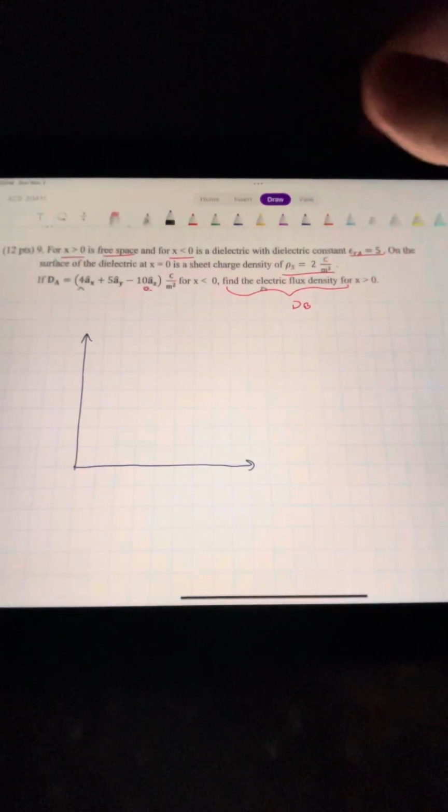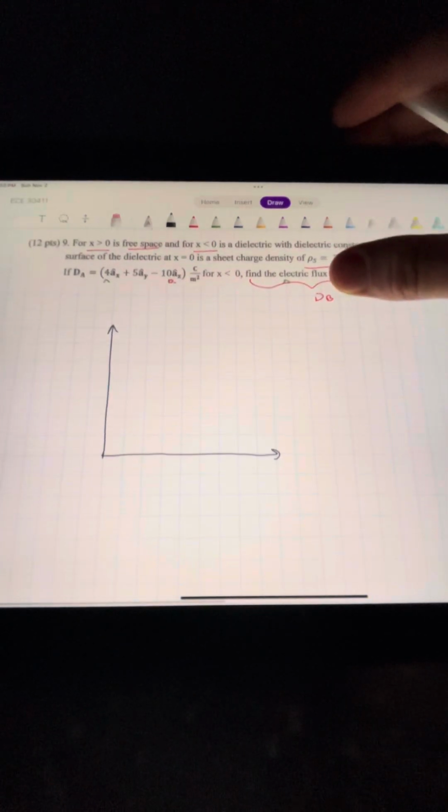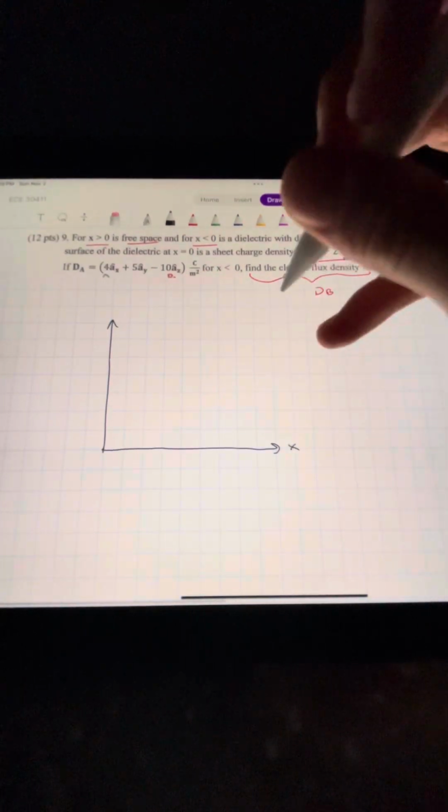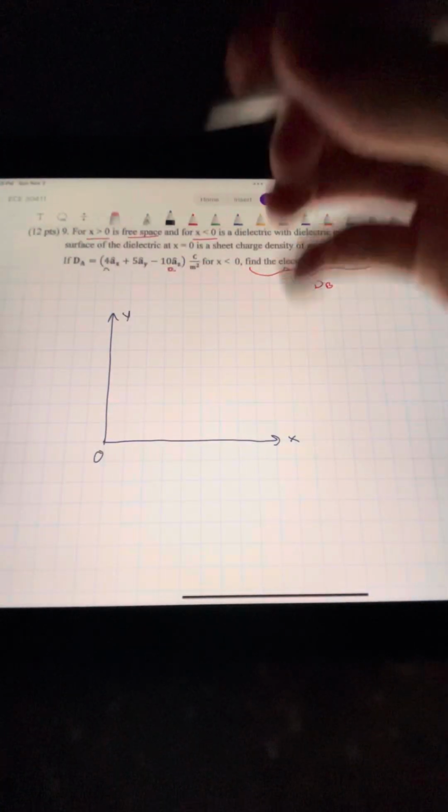So we can solve this by using Maxwell's equations directly instead of memorizing boundary conditions. So I'll start by sketching the setup. The horizontal axis is represented by x, and we have the boundary at x equals 0. We have the y-axis here.